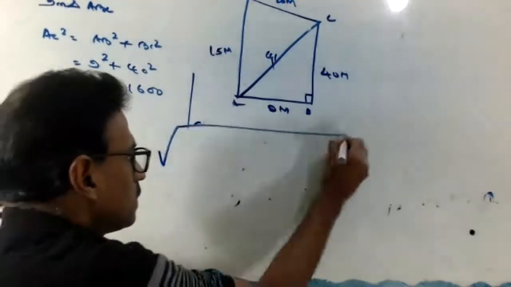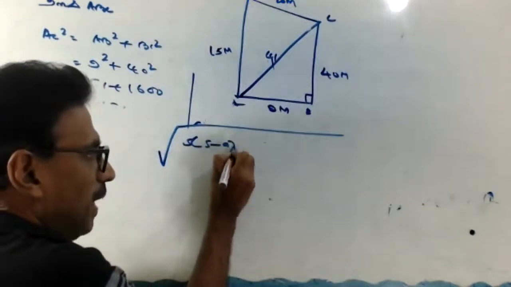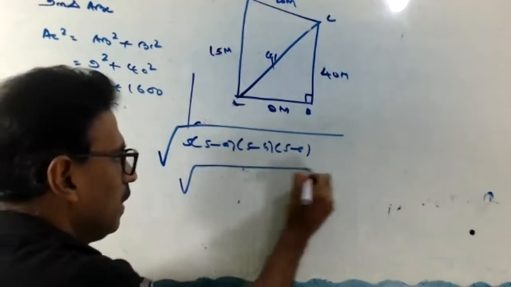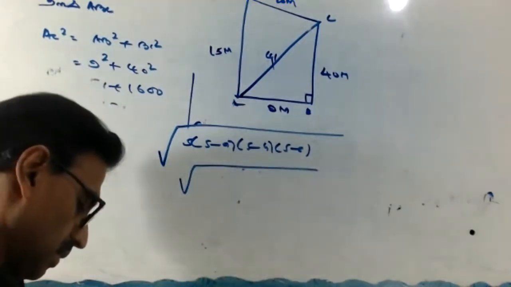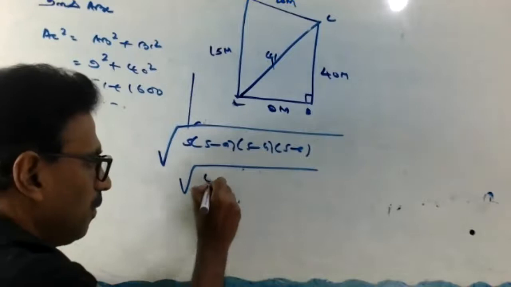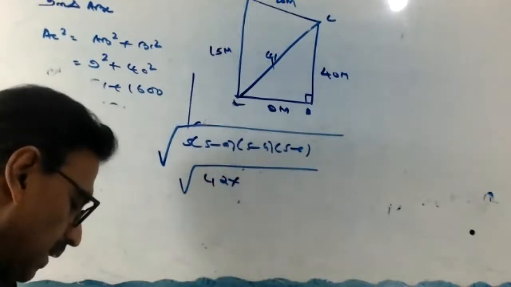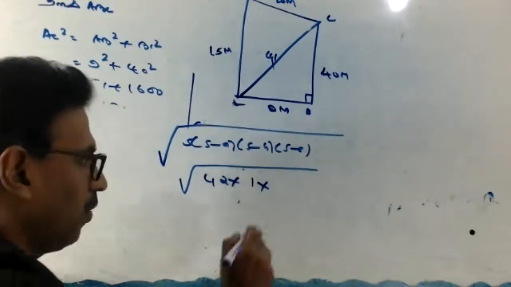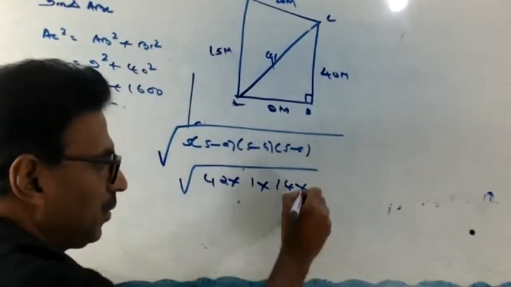The formula is S into S minus A into S minus B into S minus C. I'm just reading from your book. S, you got S is 42, right or no? S minus A is 1, into S minus B 14, S minus C 27.